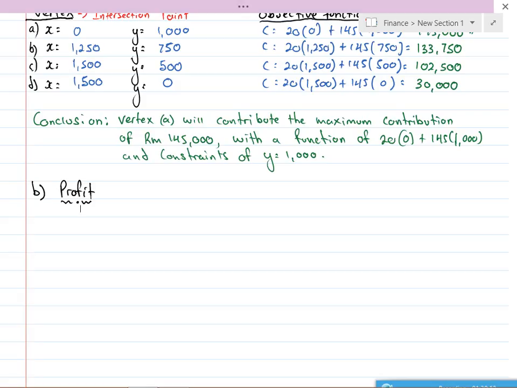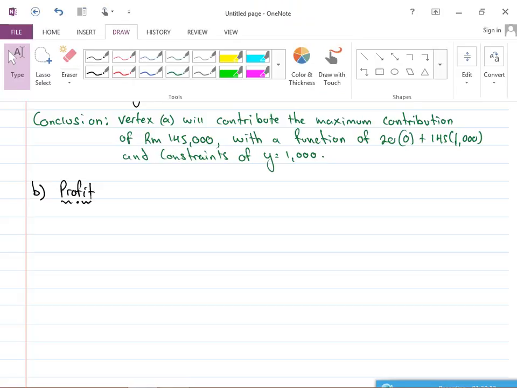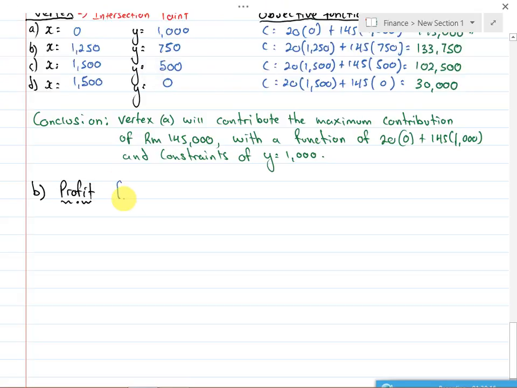You take your contribution minus your fixed cost. So that's a formula, right?